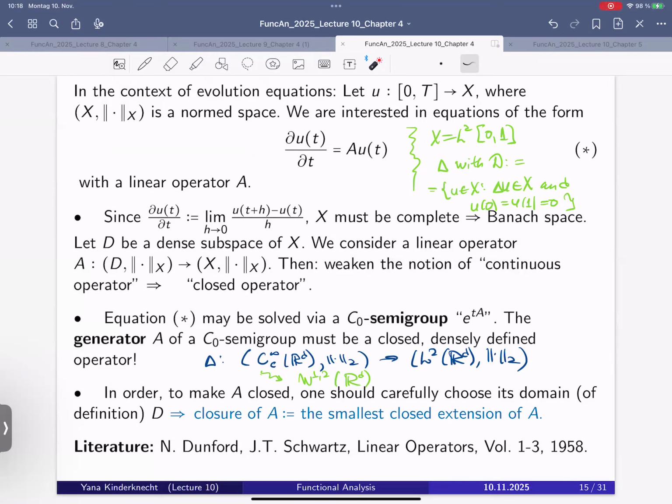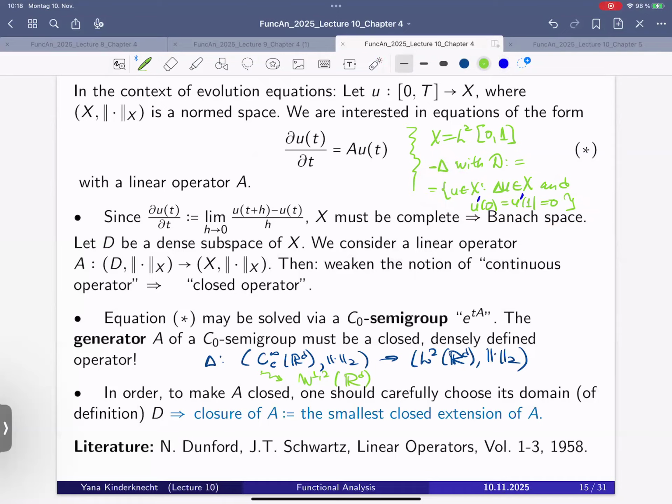But if we consider, for example, other boundary conditions, Neumann boundary conditions, then we obtain the same Laplacian, but another domain. We obtain another operator with other eigenvectors. So it is a totally different operator, in spite of the fact that we have in both cases minus Laplacian, which probably would be nicest.